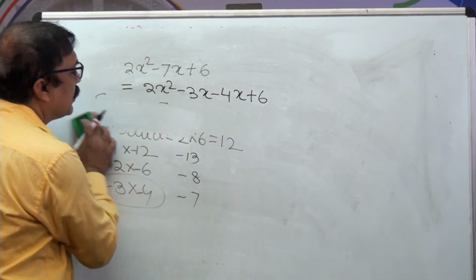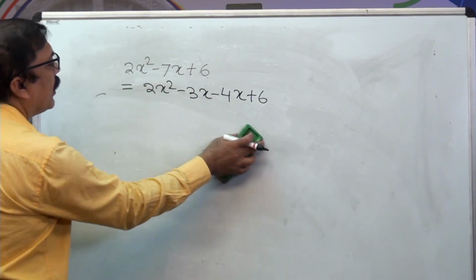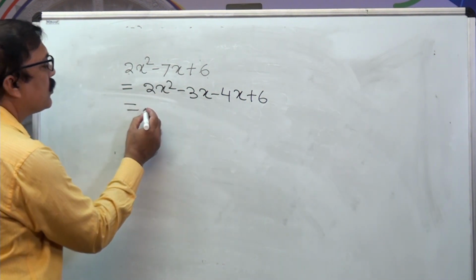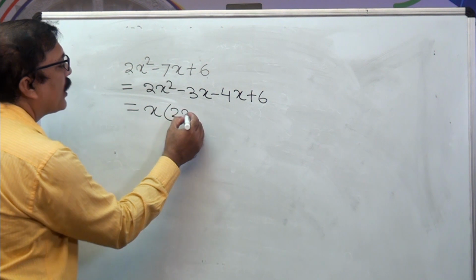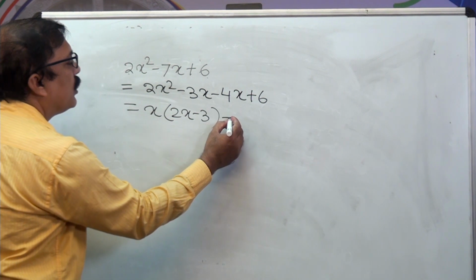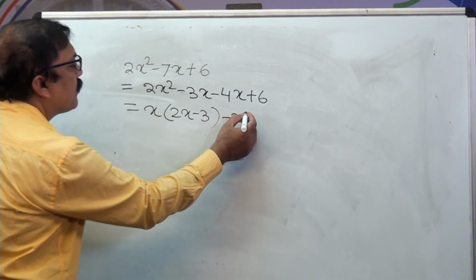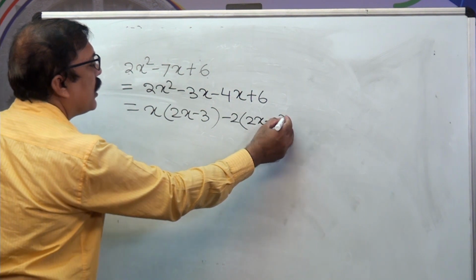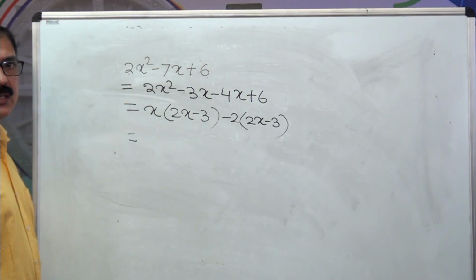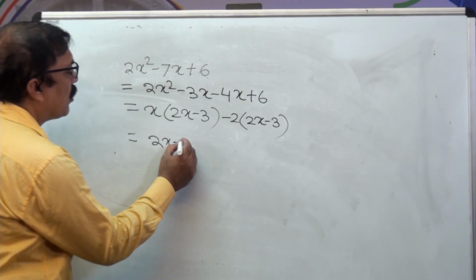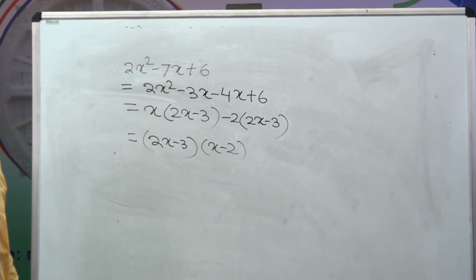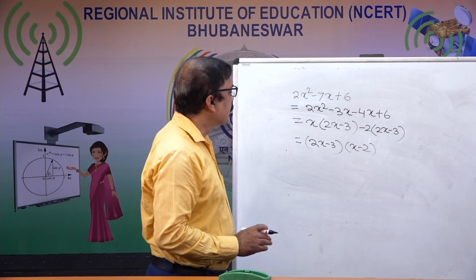From this, we can take x common from the first two terms, that gives x into 2x minus 3, and from the next two terms we take minus 2, that gives minus 2 into 2x minus 3. Now here we have 2x minus 3 and here also we have 2x minus 3. So taking 2x minus 3 common, we have x minus 2. This is the factor in this case.